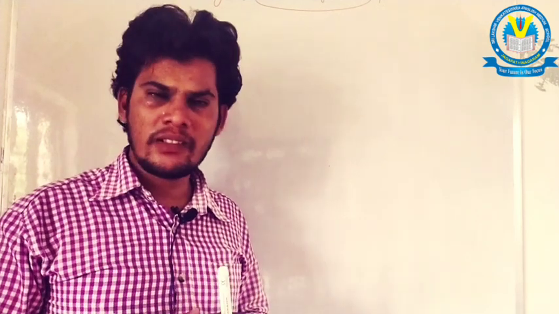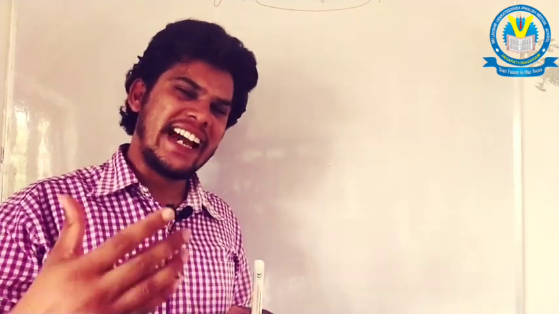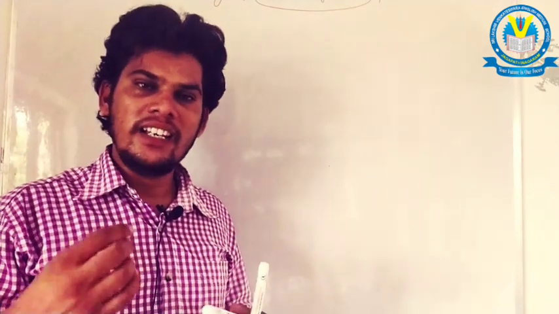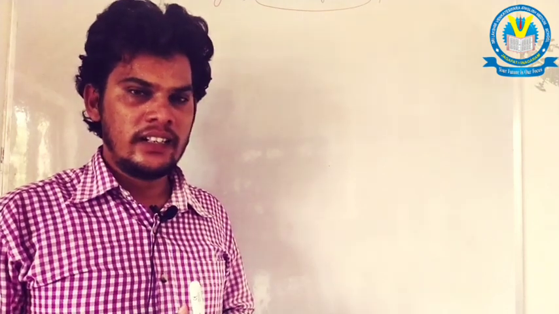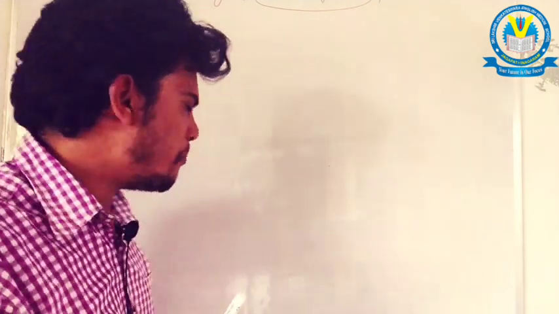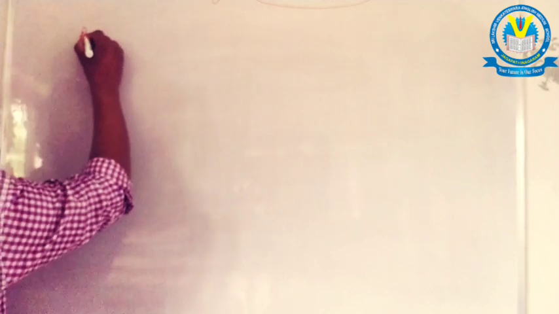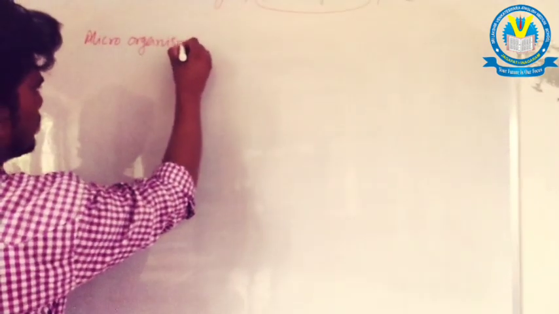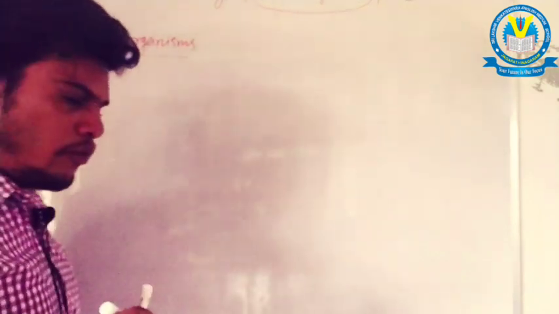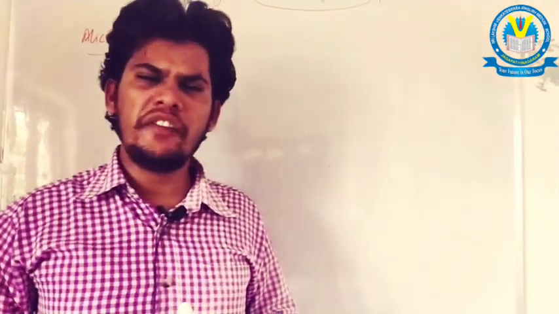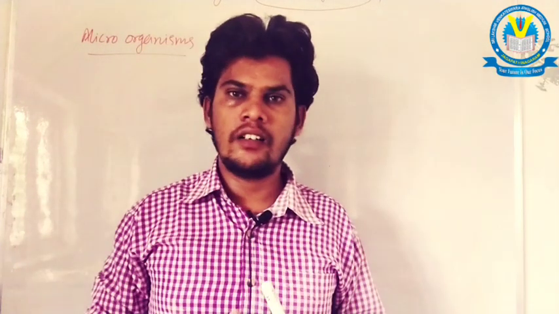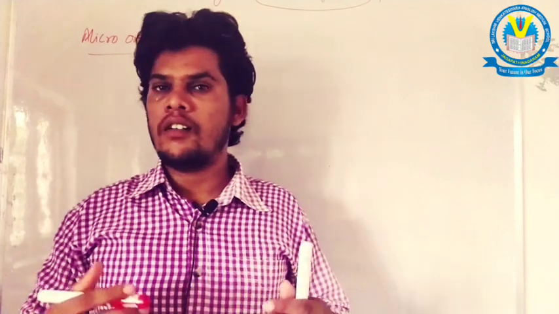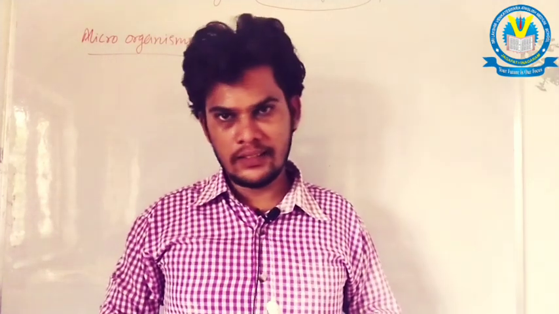What are microorganisms? What are their characteristics? What is the main role of these microorganisms in our day-to-day life? We know there are different kinds of organisms, a variety of organisms living on the earth.